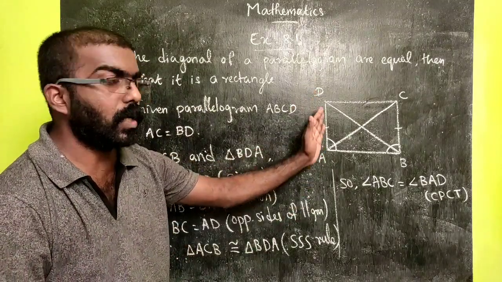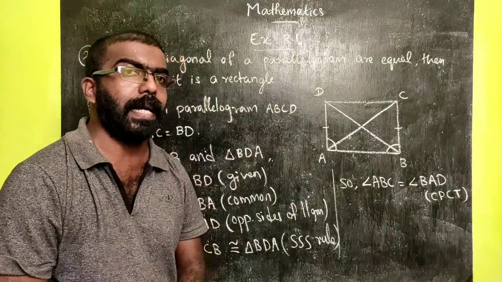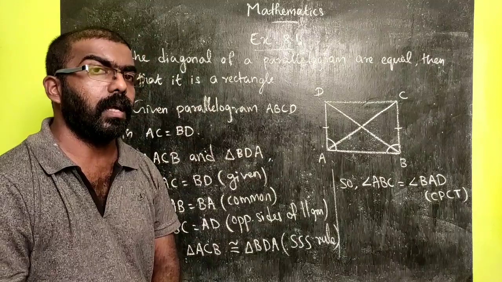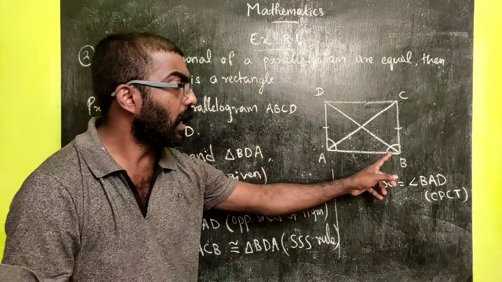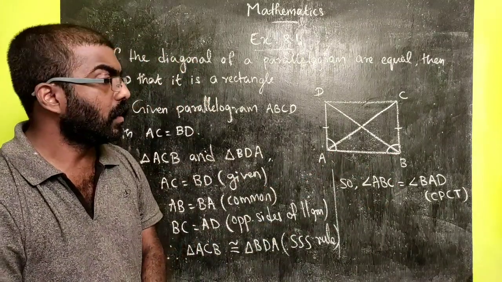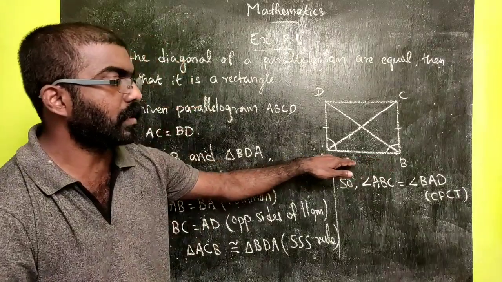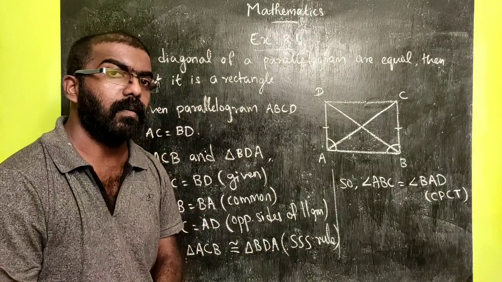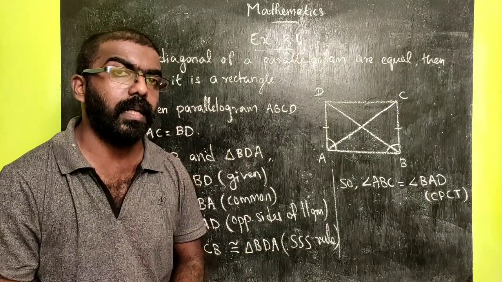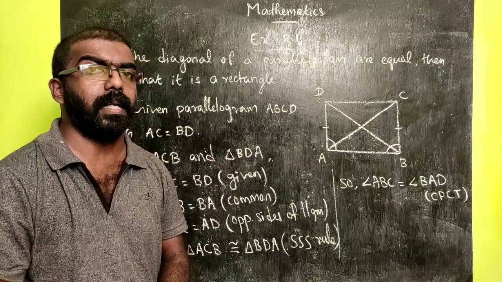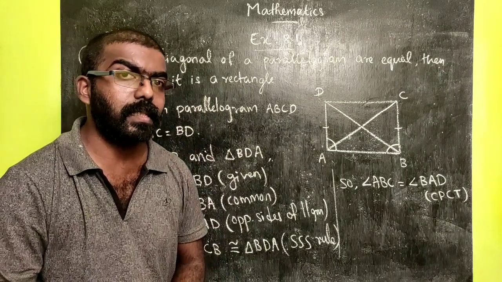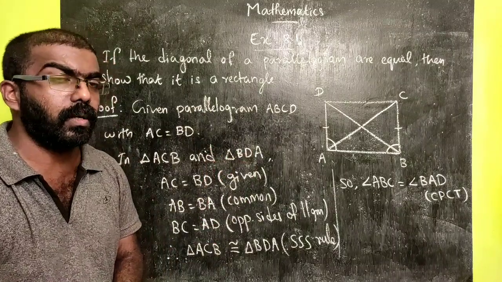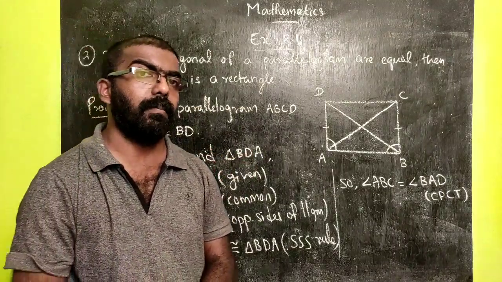Since it is a parallelogram, AD and BC are parallel. So what we can say? These two angles are interior angles. If we consider AB as a transversal, interior angles on the same side of a transversal. What about interior angles on the same side of a transversal? They are supplementary. That we have discussed in chapter 6, lines and angles. Remember? So interior angles on the same side of a transversal are supplementary.